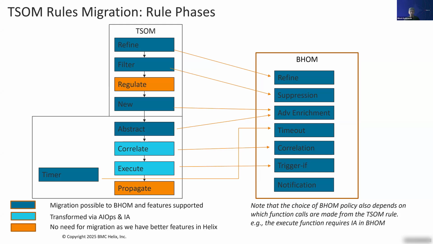One example would be the regulate and propagate rules for the cell. The reason is that in BHOM we don't have the cell and we don't have the remote cells, which were useful for the propagation and the regulation. But these things need to get created in the event policy, so you have the equivalent functionality available by doing it directly via the event policies.